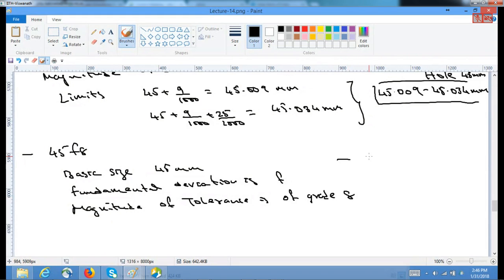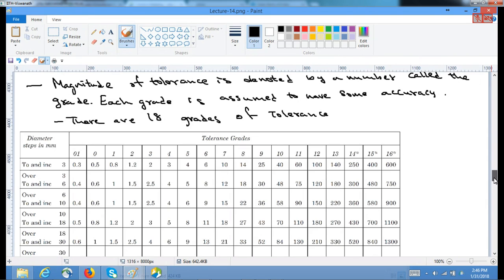F comes with a fundamental deviation of minus 25 micrometers. I haven't provided the table, but this should reflect it, F is minus 25.